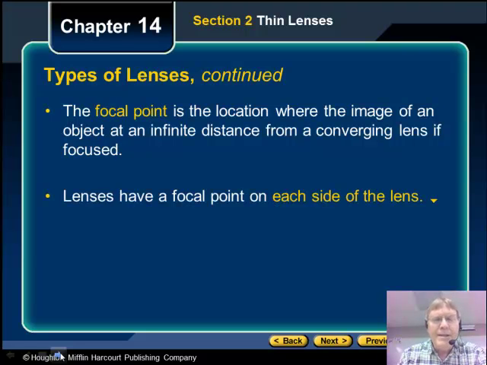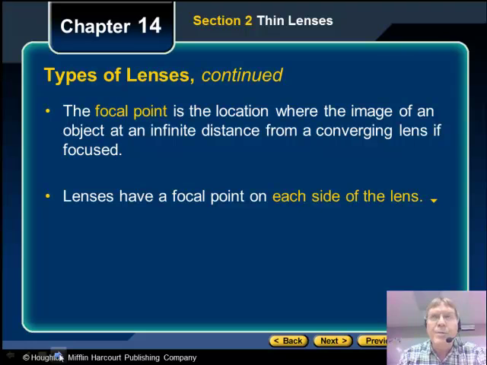What that means is that lenses actually have a focal point on each side of the lens. It doesn't matter which side you send the light through, the lens is going to do the same thing to parallel rays coming from the left or coming from the right. And so you could talk about the focus on both sides of the lens.